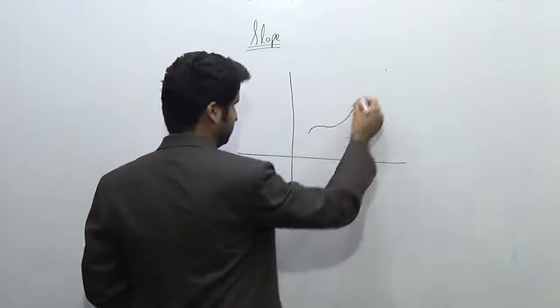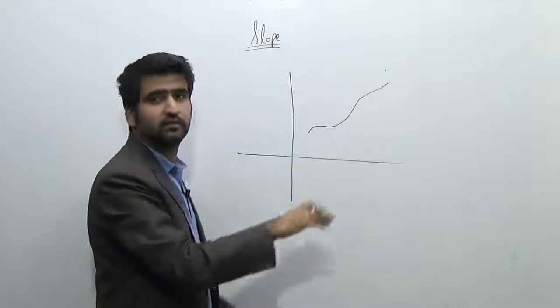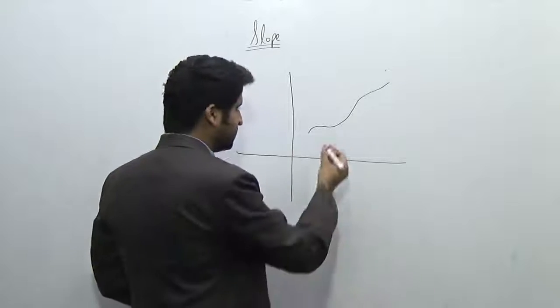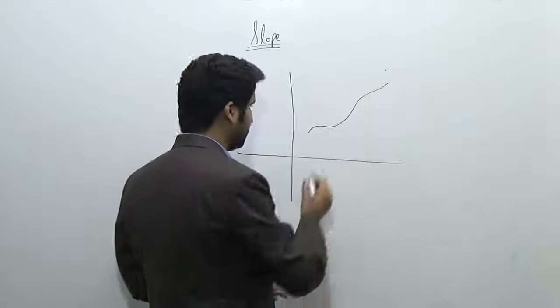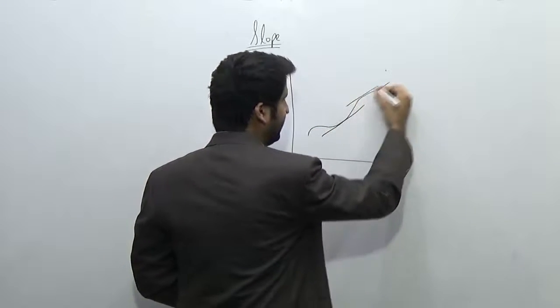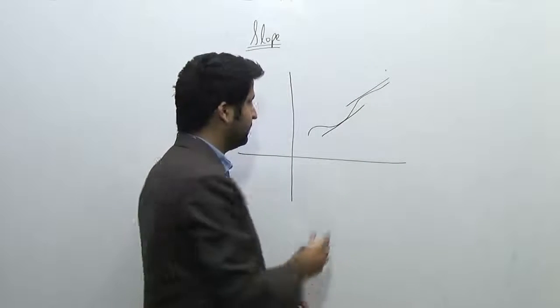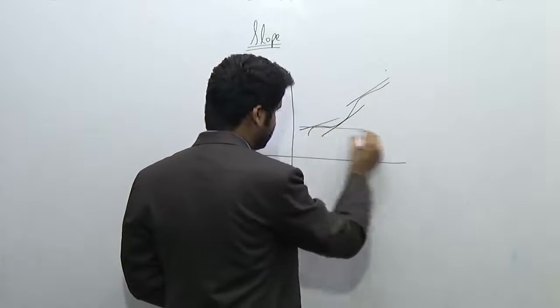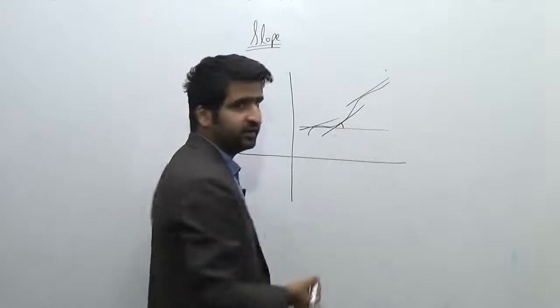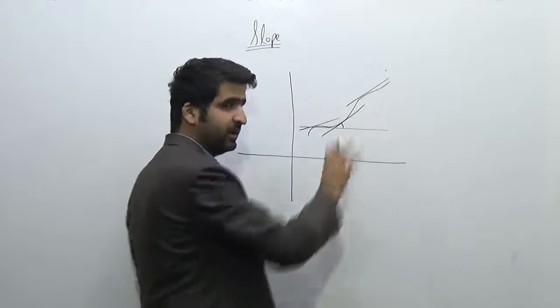this is a curve. I'm moving slightly off topic because we have to understand what slope is first. Let's say this is a curve. I have to find this gradient, that is, what angle it is making with the positive x-axis. How can I find that? This is actually done by differentiation.